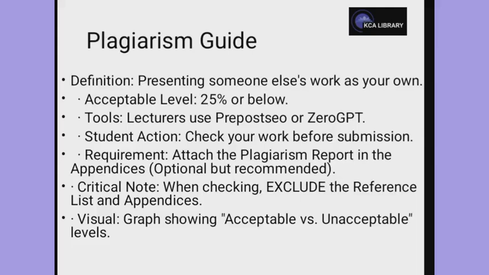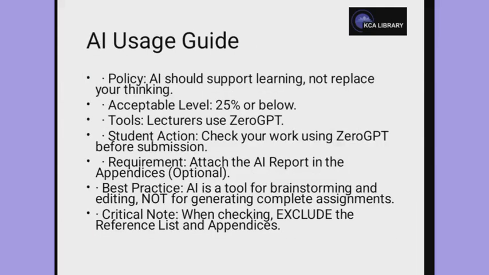Now let's talk about AI usage. Artificial intelligence, AI, has become a very useful learning tool. However, AI should assist your learning, not replace your thinking. So you may use AI to generate ideas, improve grammar, organize your thoughts, or explain difficult concepts. However, you should never allow AI to produce your entire assignment and submit it as your own work.